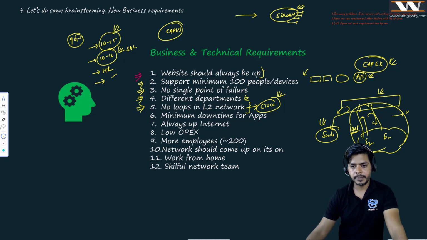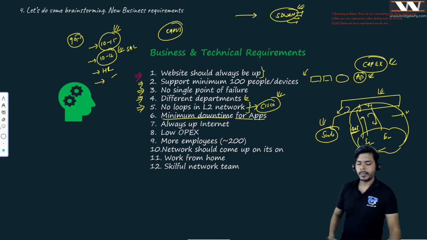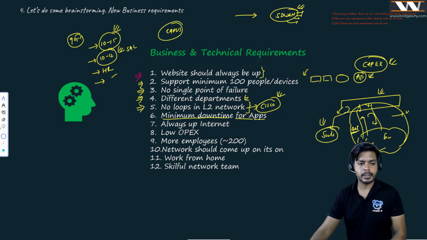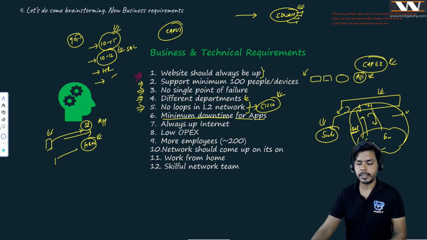Now let's talk about minimum downtime for application. What is the meaning? We have this application, right? For example, if this particular engineer is working on the Sports India website and he is using a particular application like Apache to build this website, his experience reaching these servers should be good, right? If some HR guy is working on the HRMS system, his experience should be good. Whenever he opens this HRMS application, it should open quite fast, right?